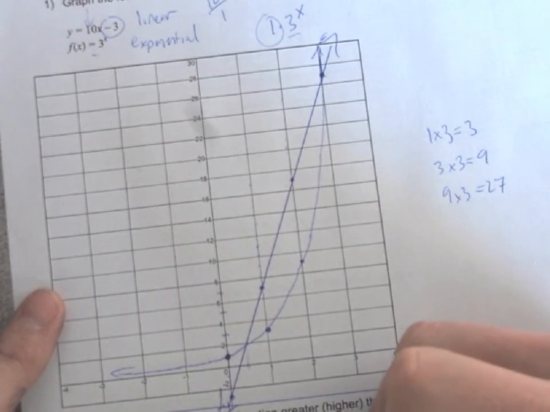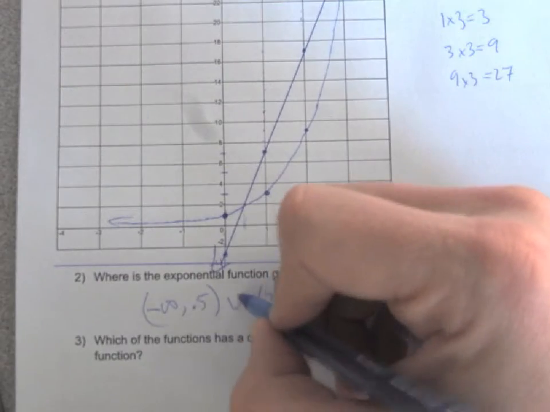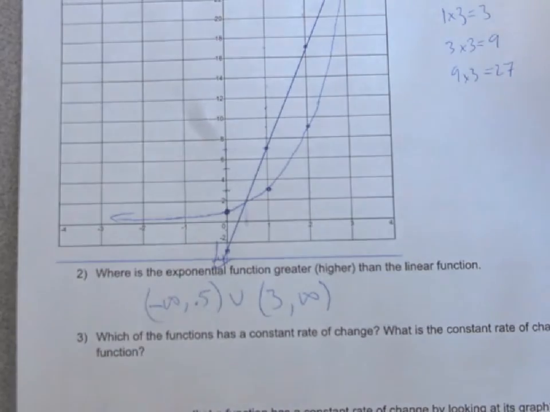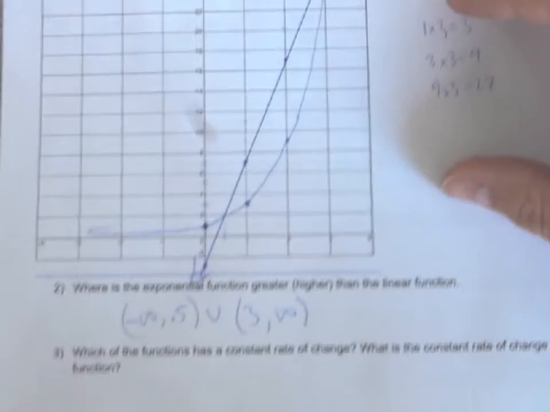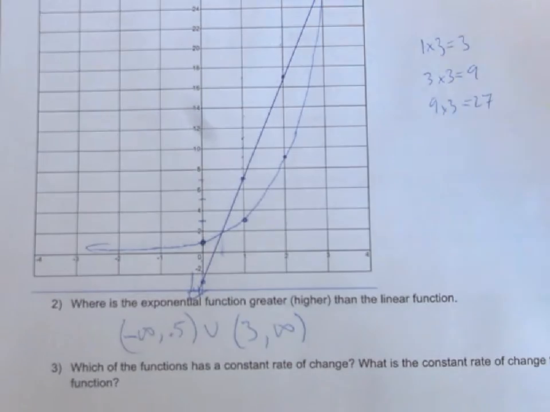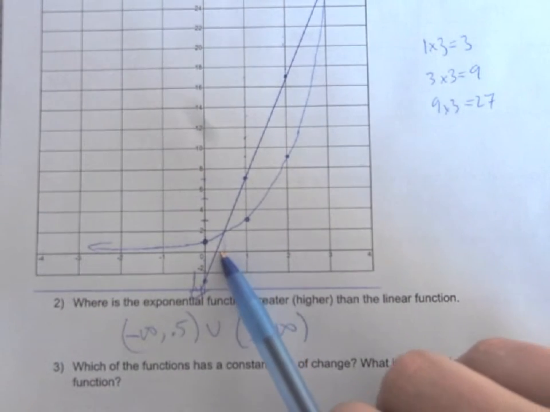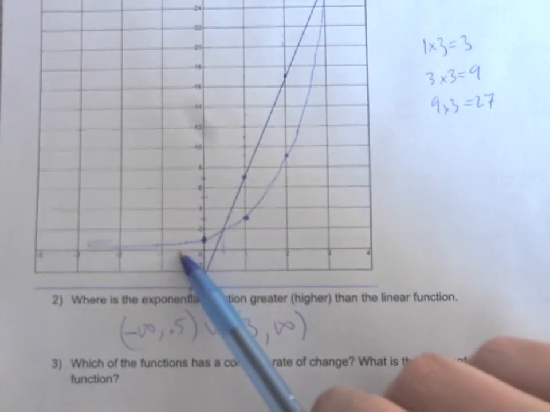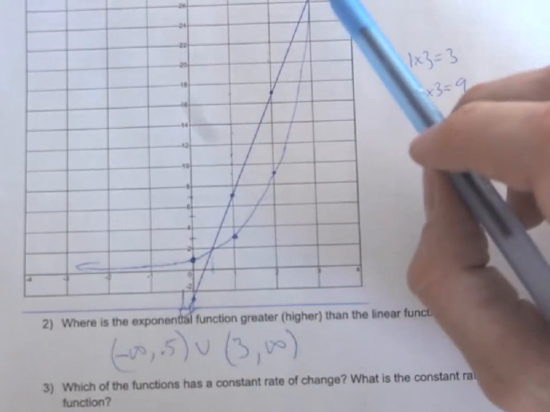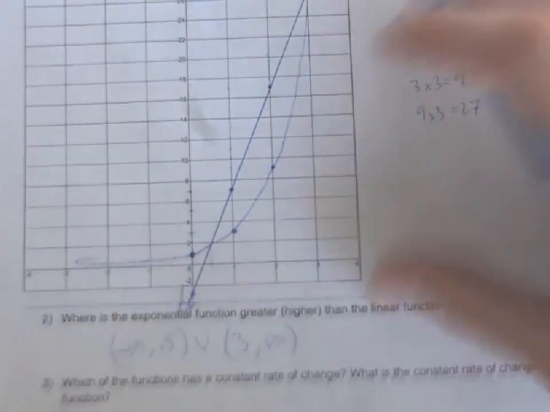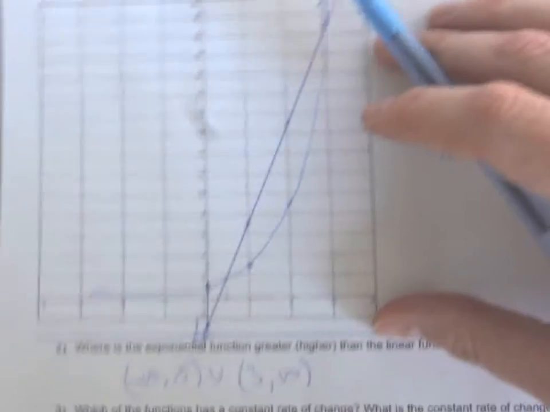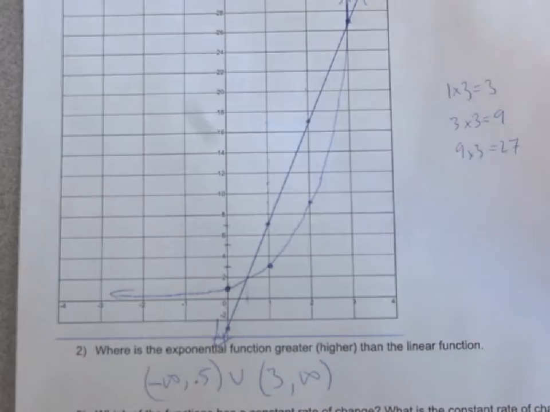So something like this. We tie those together with a little union symbol. So that's the interval. Now, if you didn't want to write an interval, you could describe that. You could say any time before x is 0.5, the exponential is bigger, but then anything after 3, the exponential is also bigger. So something like that. But that's kind of the idea.